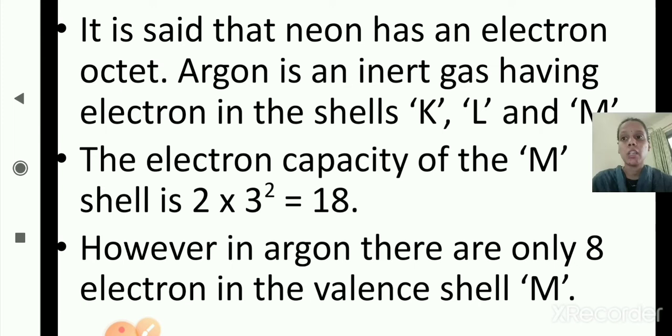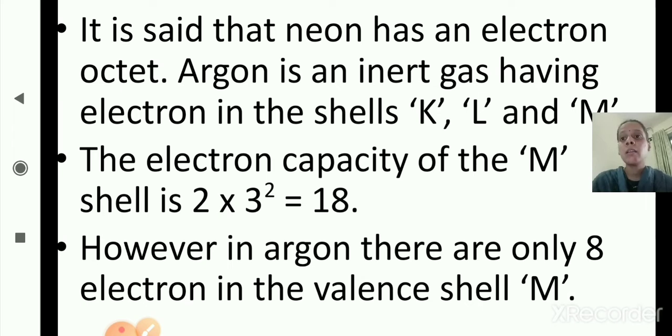So M is the valence shell. The electron capacity of the M shell, that we know, is 18 electrons. However, in argon there are only 8 electrons in the valence shell. If we see the structure of argon, in the M shell, the outermost shell, there are only 8 electrons. But the maximum capacity of M shell is 18.